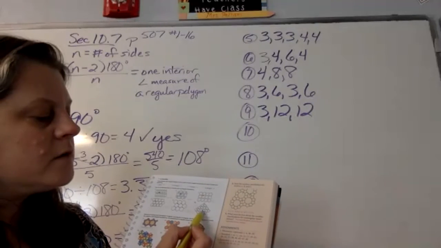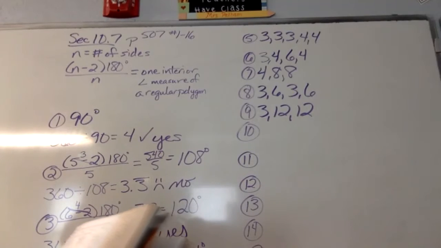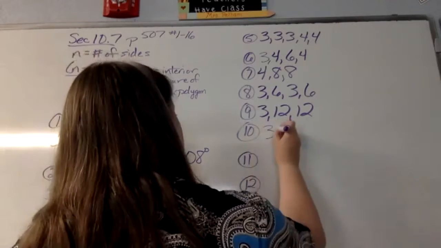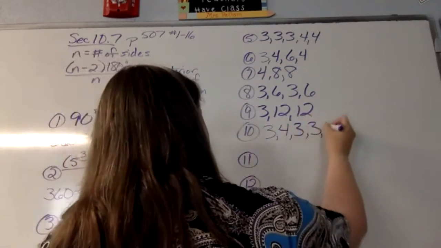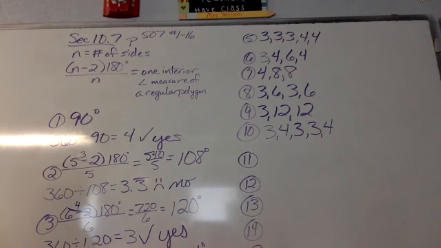So I have triangle, square, triangle, triangle, square. So triangles are 3 sides, right? Squares 4, triangle, triangle, square.